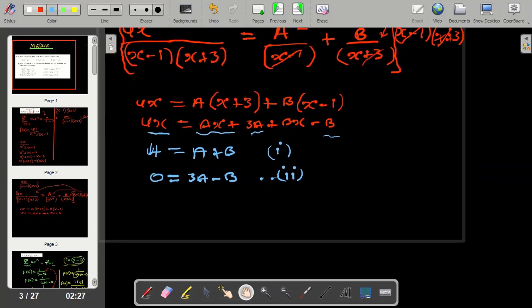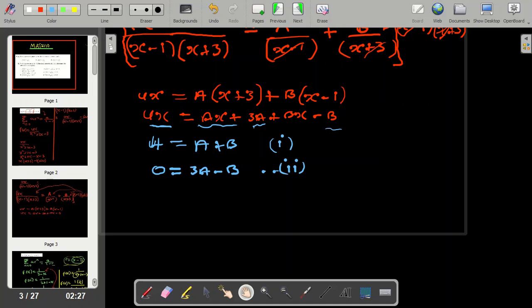Right. So from the second equation we can see that b is equal to 3a. So if we solve the second equation into the first equation, where there is b we replace with 3a.